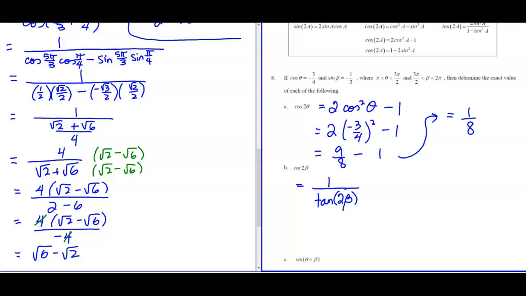So for cotan, yeah, you could go cos of 2 beta over sine of 2 beta, use 2 identities. I think it's probably faster to do 1 over tan of 2 beta. Okay, so that's going to be 2 tan beta.